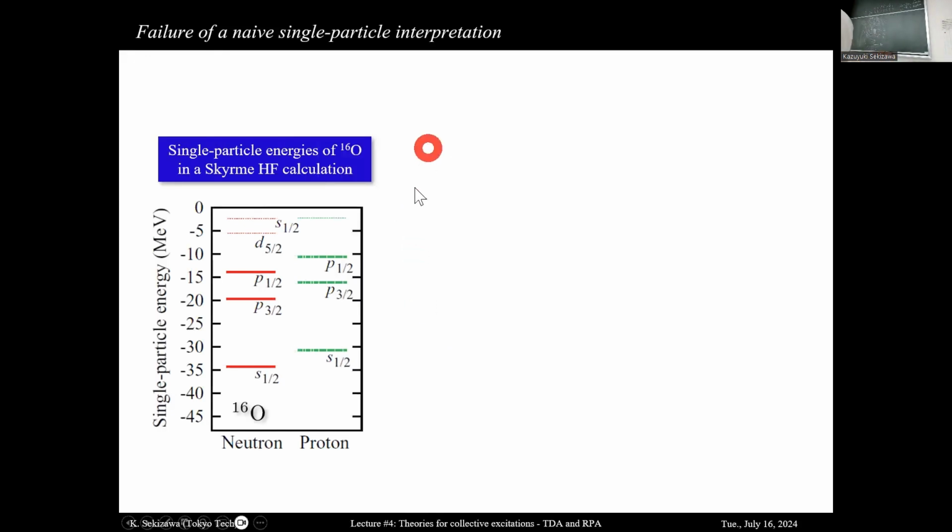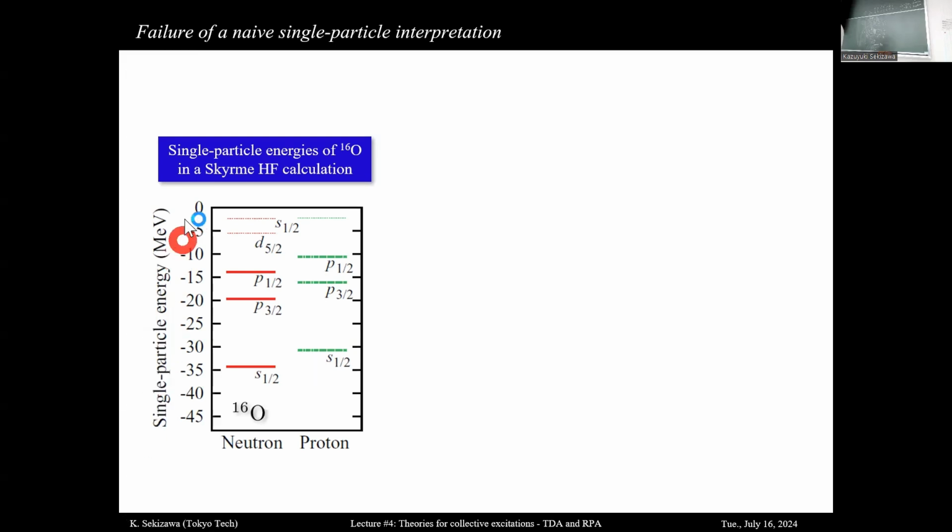Okay, here I show the single particle energy levels of a light nucleus, oxygen 16. The red lines show the neutron single particle levels, and the green lines show the proton single particle levels. Because of the Coulomb potential, the proton levels are shifted upwards a bit.